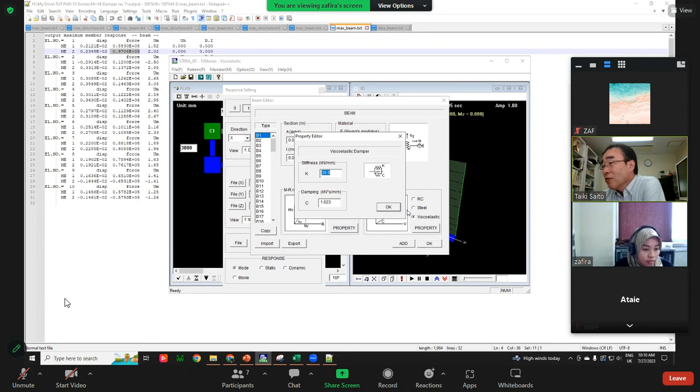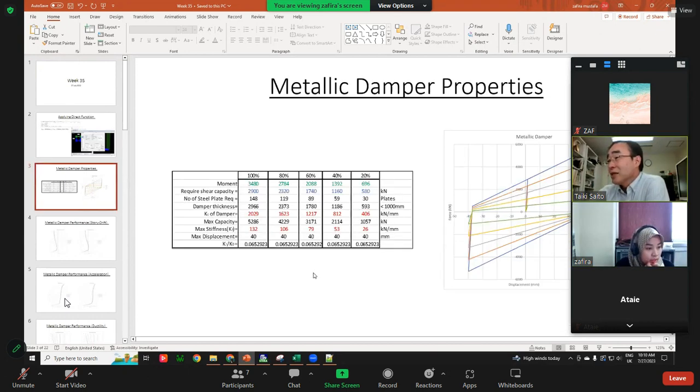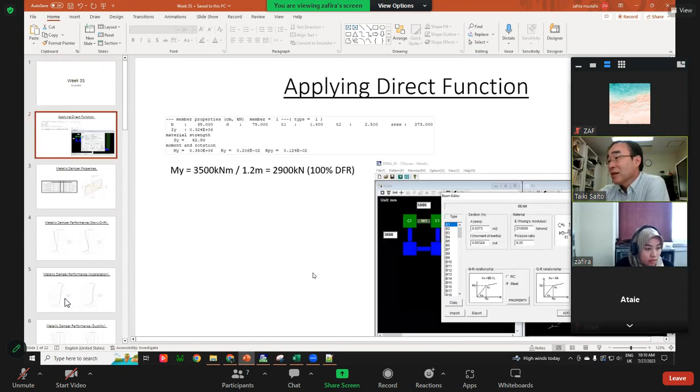So I want to know whether, in this case, the steel beam may start yielding. So I want to check the force of the steel beam, one moment of the steel. Could you show me the first slide, where there is the capacity of moment? Yeah, this one. 3,500. Right? Yes, Sensei. Could you show me?